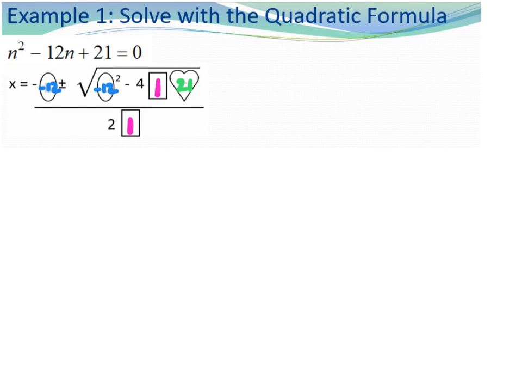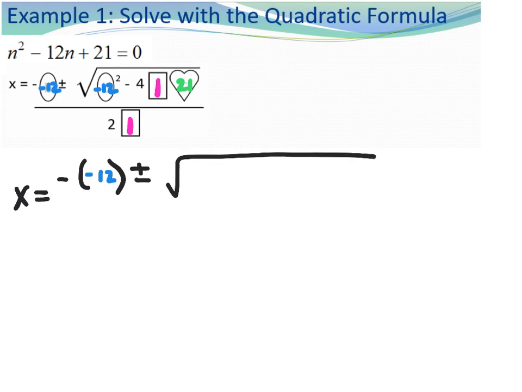Now from here, we're going to rewrite everything with parentheses instead of the shapes. So it would be x equals the negative, and instead of the oval, I'm going to put parentheses. My value of b is negative 12. So it's negative times negative 12, plus or minus the square root of. It's the value of b squared in the oval, so I'm going to put parentheses for the oval. I can fill in a negative 12 squared minus 4.